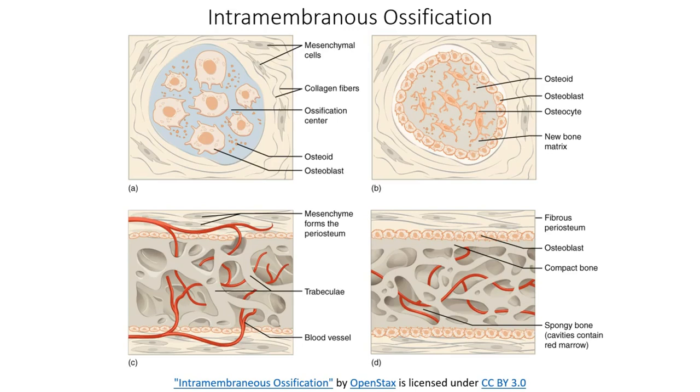Alright, and so we start out with our osteoblasts here, so our bone building cells. Osteoblast, B is for build in this particular case. They're going to start out in something called an ossification center, which is shown here in image A. An ossification center is just a cluster of these osteoblasts in the early stages of this intramembranous ossification process.